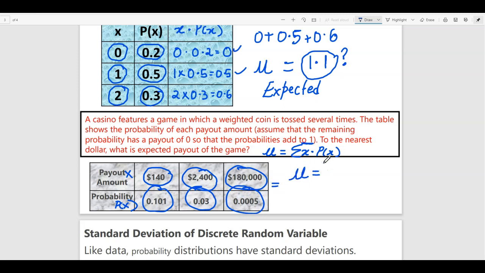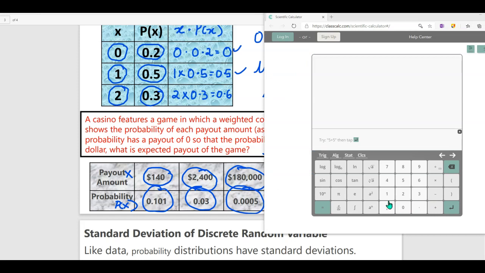What I'm going to do is open up Class Calc and work this out. So here I have my Class Calc. I'm simply going to do 140 times 0.101.